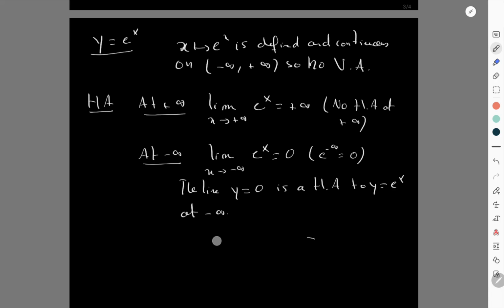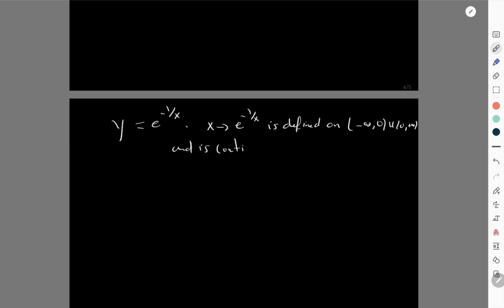Let's now move on to the other example. I mean, these are pretty easy, I guess. Look at y is equal to e to the minus 1 over x. Of course, this function, the function that sends x to e to the minus 1 over x, is defined on all numbers except 0, and is continuous everywhere in its domain.